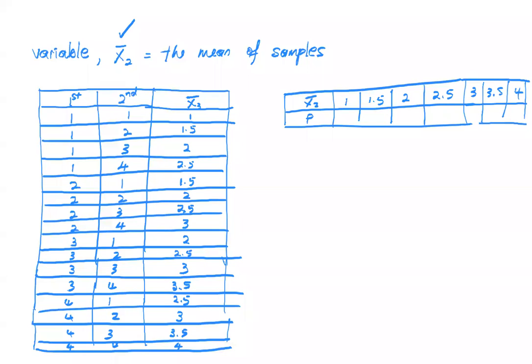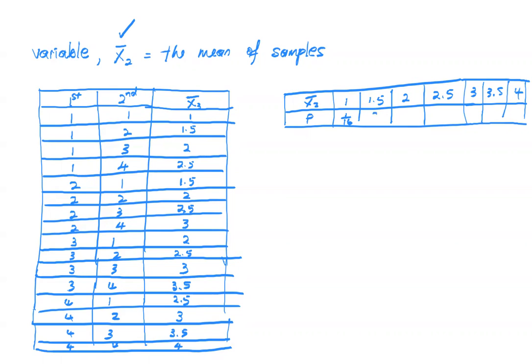Okay, can you count the probability for each one? 1 only appears once, so 1 out of 16. 1.5 appears how many times? 2 times, am I right?